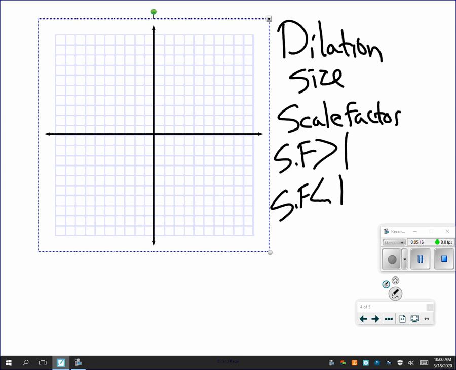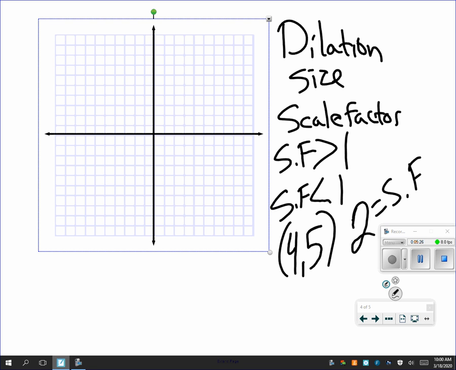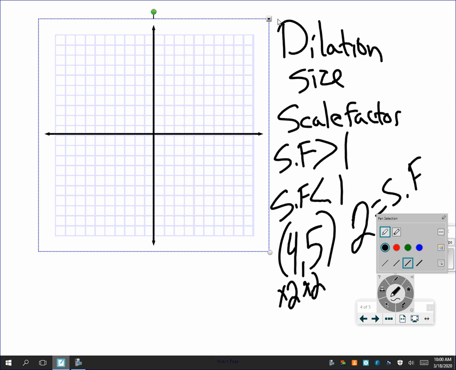So if I want to dilate a point 4, 5, and I want to dilate it by a scale factor of 2, that means everything's going to get multiplied by 2. So all my coordinates times 2. So it will become 8, 10.